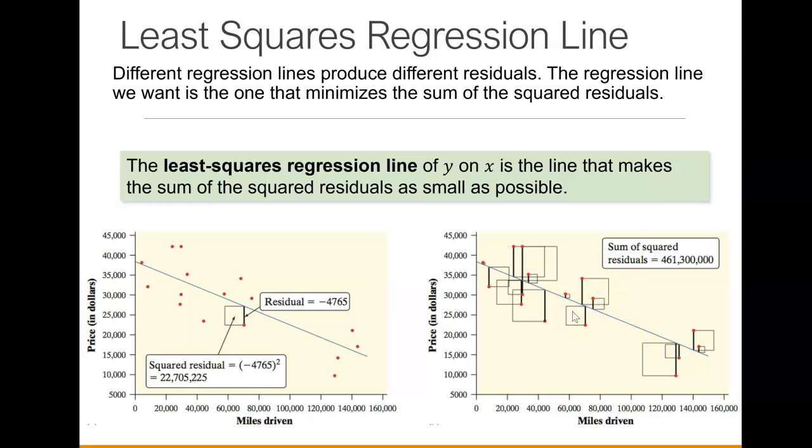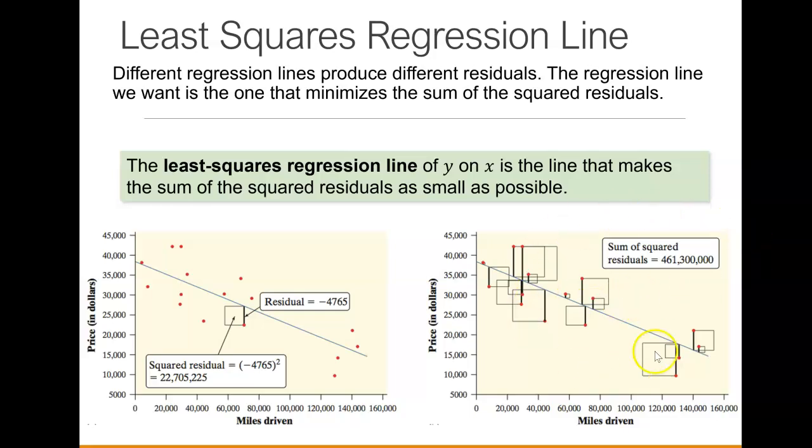What we want to do then is we want to take that best fit line and move it so that the sum of all those areas is as small as possible. We want to minimize the area of those squares. Everybody's okay with that? That's what we mean by least squares regression line.